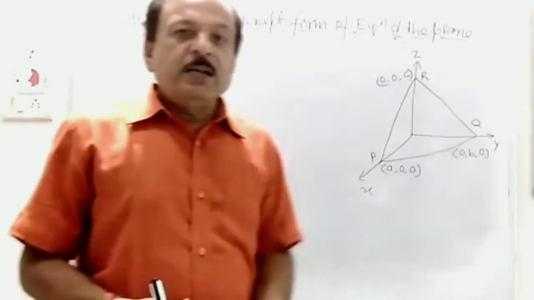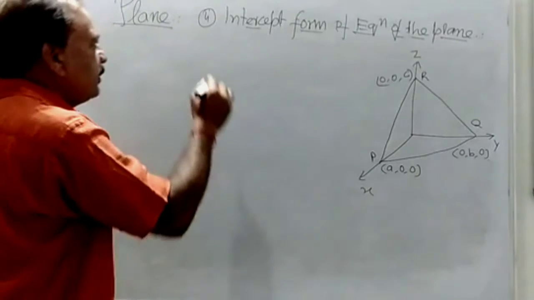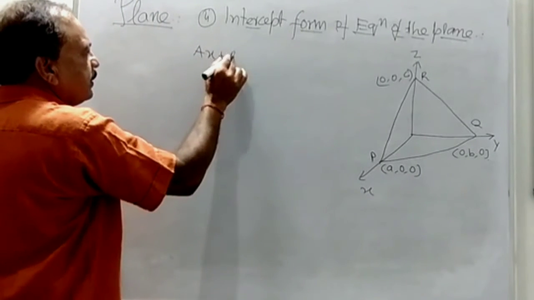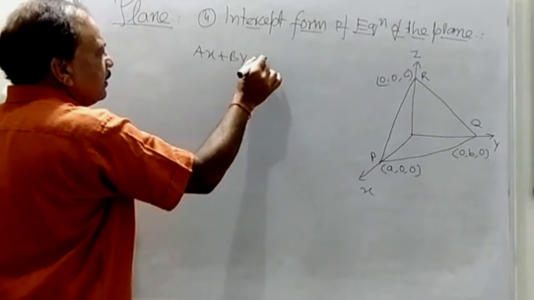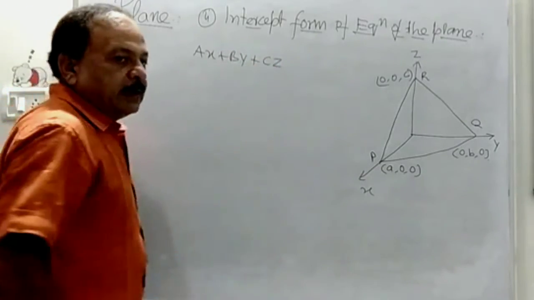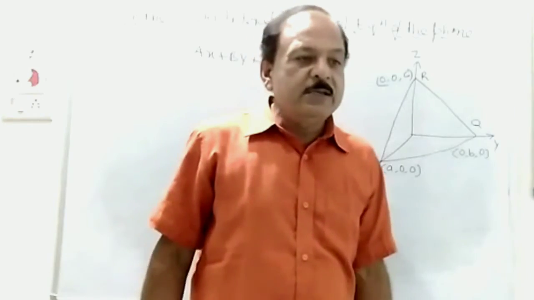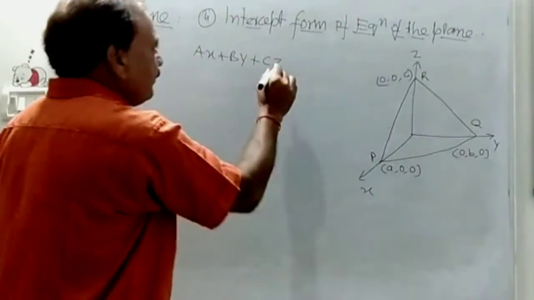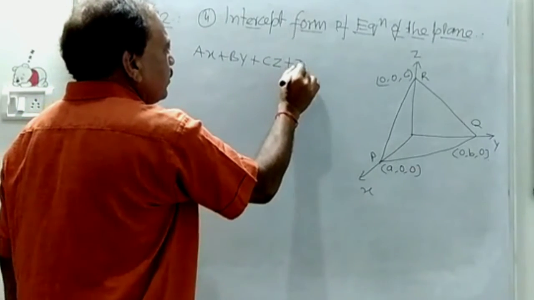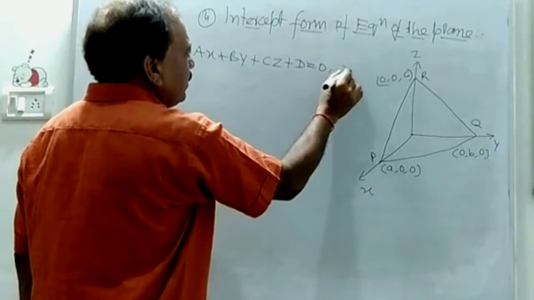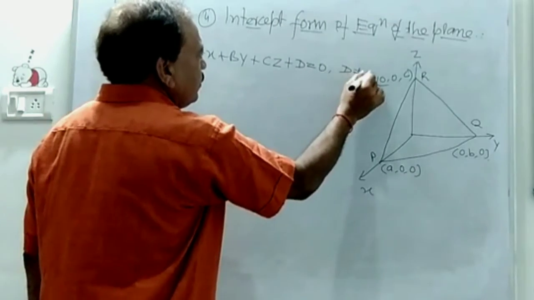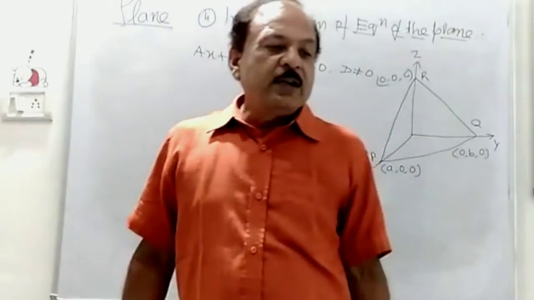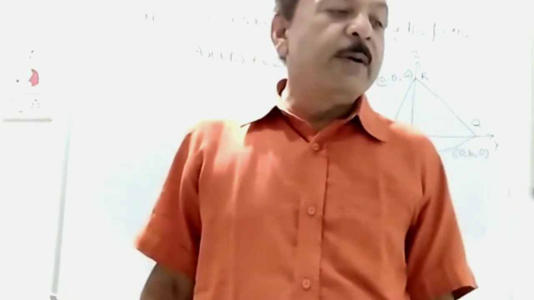The Cartesian equation of plane in normal form is ax plus by plus cz plus d equal to 0, where d is not equal to 0.